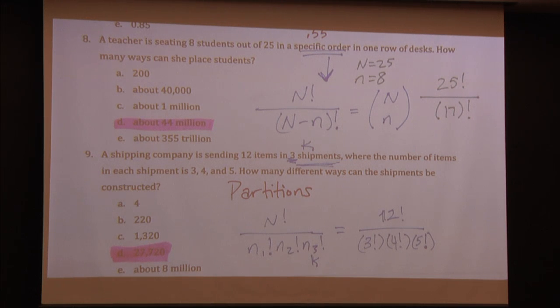Okay. This one, I just did it as, well, you can always just solve for the denominator first and get all these terms and do 12 factorial divided by your denominator. I don't particularly know if there's a partitions function on the calculator.